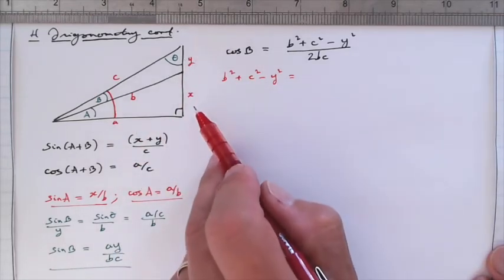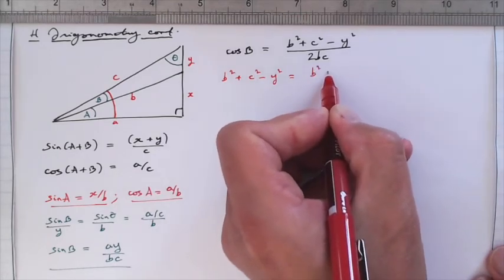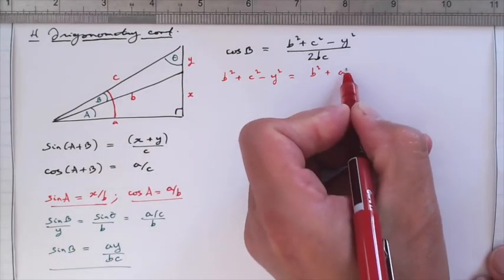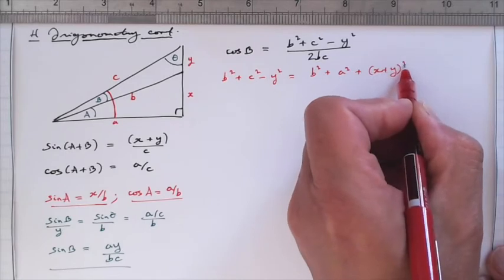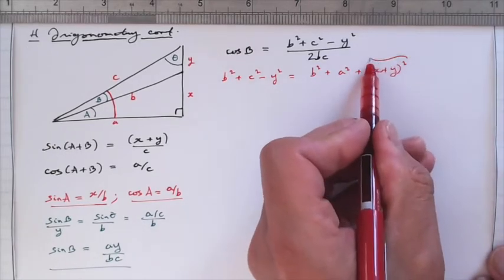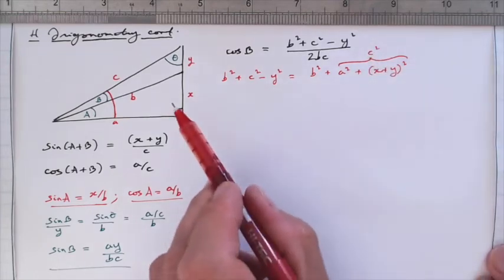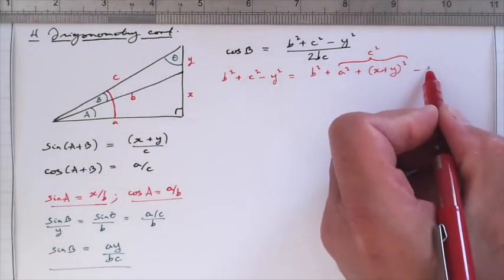That's just using Pythagoras' theorem. So I have b squared plus, and then c squared is a squared plus x plus y squared. So I'll just put a little curly bracket there. That's c squared from Pythagoras. And then I have take away y squared.